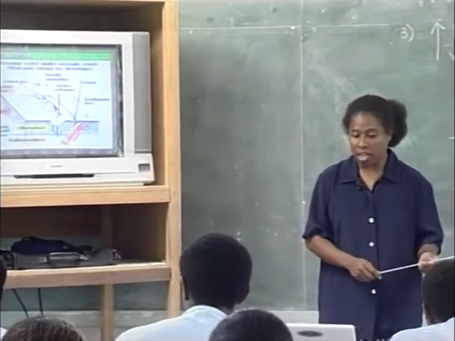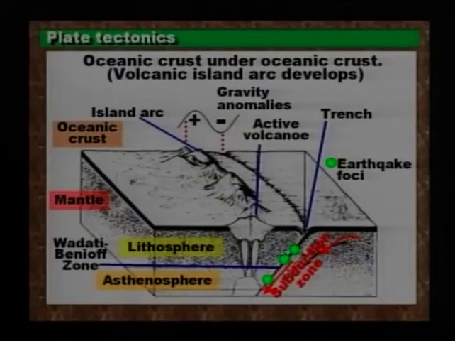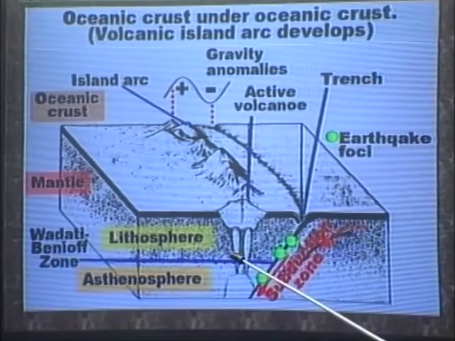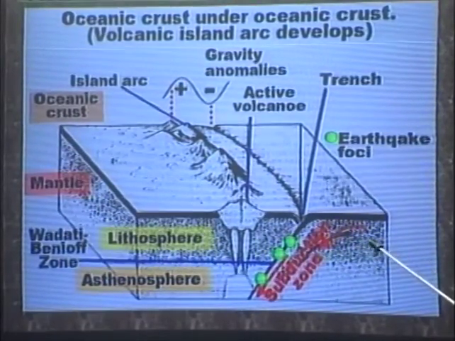If we look at the oceanic crust under the ocean, and we're looking at the volcanic islands or arcs which are developed. These are examples of the volcanic islands or arcs that are developed, and these have been formed as a result of one plate, an oceanic plate, meeting with another oceanic plate.